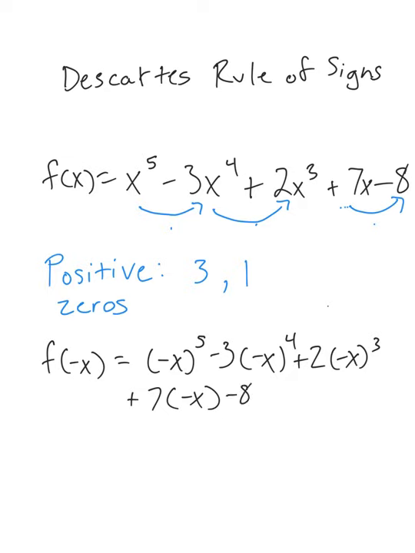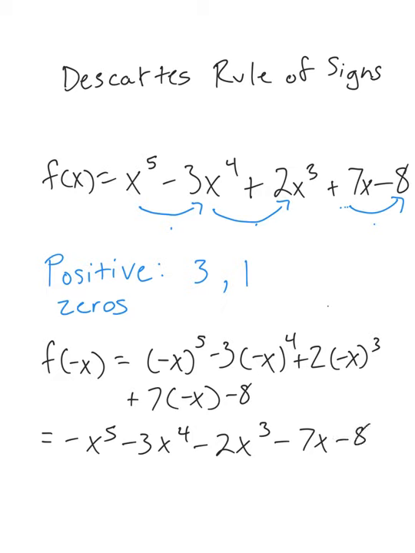And now this converts to negative x to the fifth, well, that's a negative here. Whatever is to an even power stays positive, so this stays negative. This also will become a negative, and that stays negative.